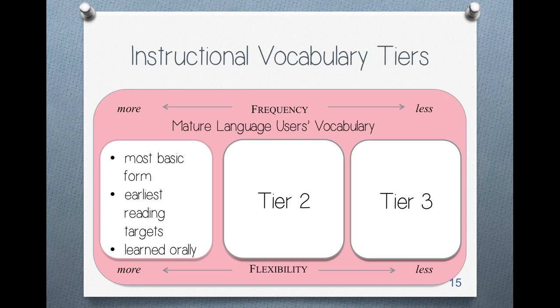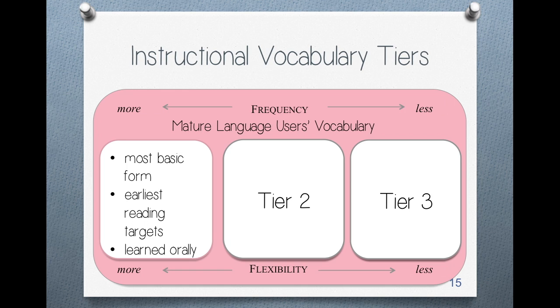They're also the words that are targeted for reading first, because they're already known to the children that are coming in through listening vocabulary and speaking vocabulary. So then they move them and address them through the reading vocabulary. And the assumption is that Tier 1 words are already known to kids, so their meanings are not explicitly taught at school.